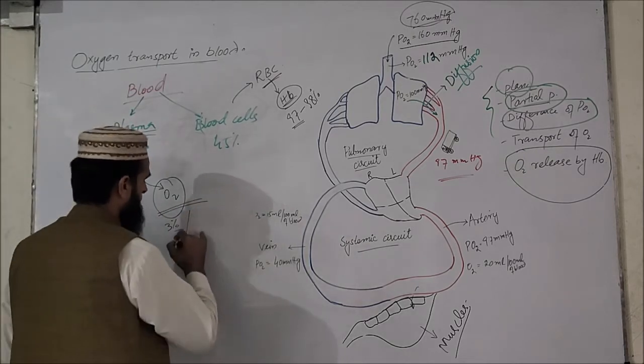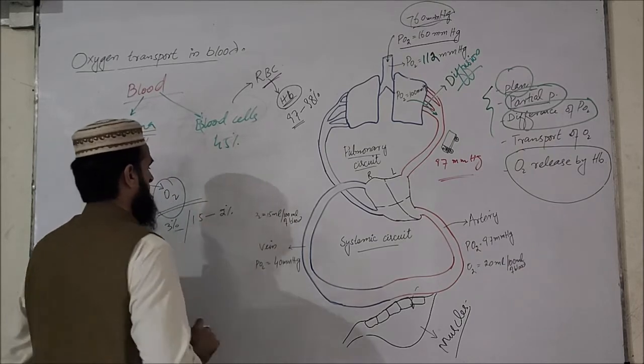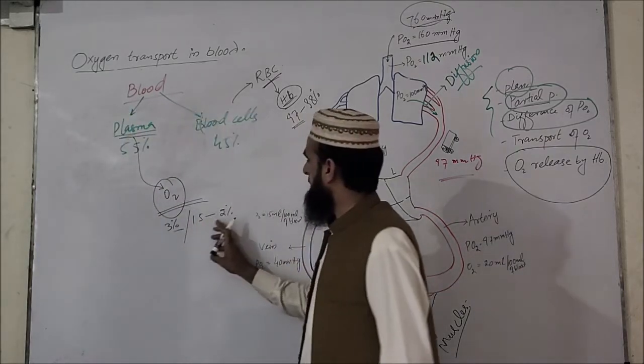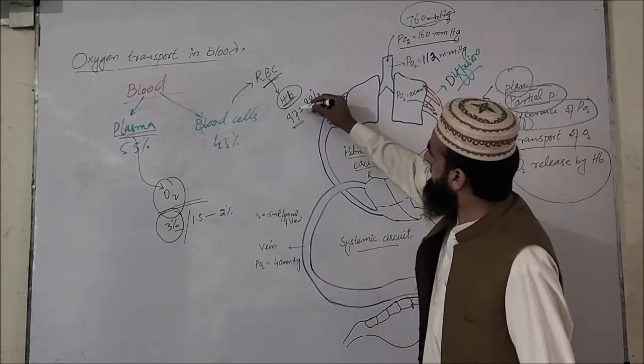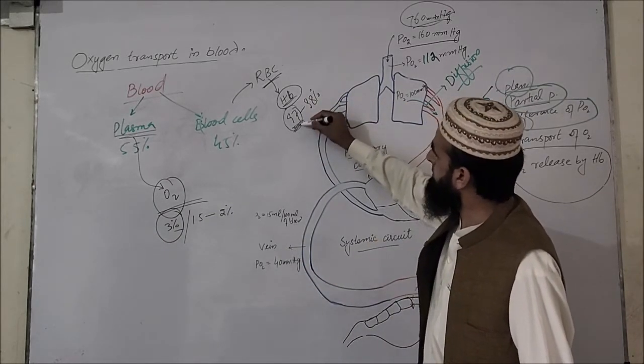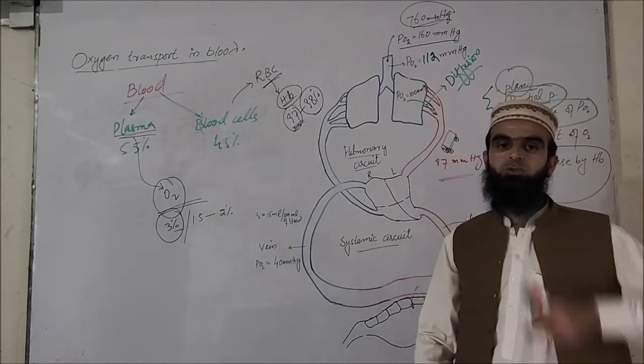But in certain books, it is said that it is 1.5 to 2%. So it is 1.5 to 2% or 3% according to your textbook. Okay, and it is 97% according to your textbook by the hemoglobin, or 98 or 98.5% according to other views.